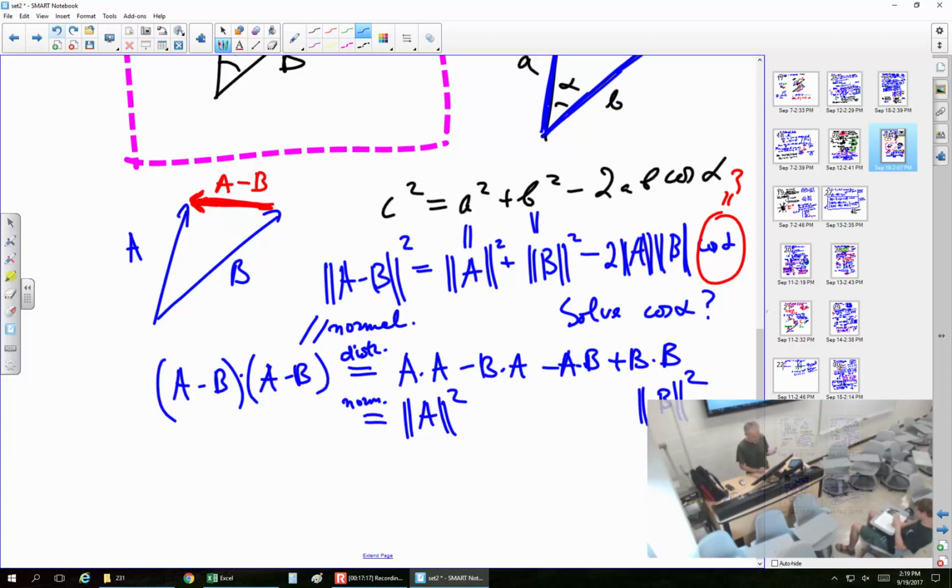And for what's in the middle, I'm going to use the commutative property. So it will be 2a dot b, plus. Okay, so now these two are equal to each other, right? So I can cancel things.